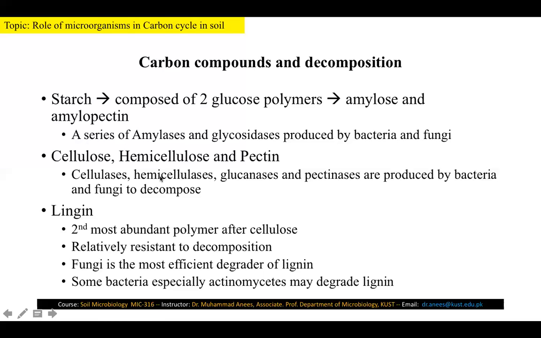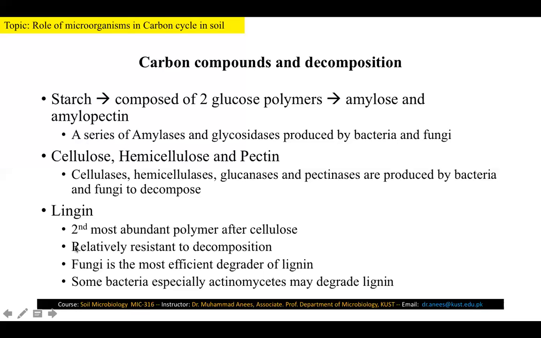Similarly, when we talk about cellulose, hemicellulose, and pectin, the microorganisms such as bacteria and fungi decompose these complex carbon compounds, and to decompose, they produce a complex series of enzymes, including cellulases, hemicellulases, glucanases, and pectinases.